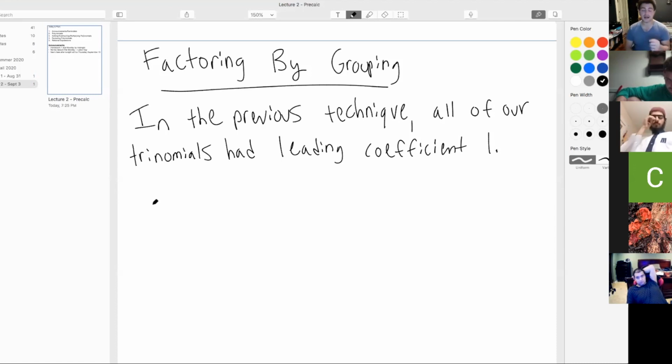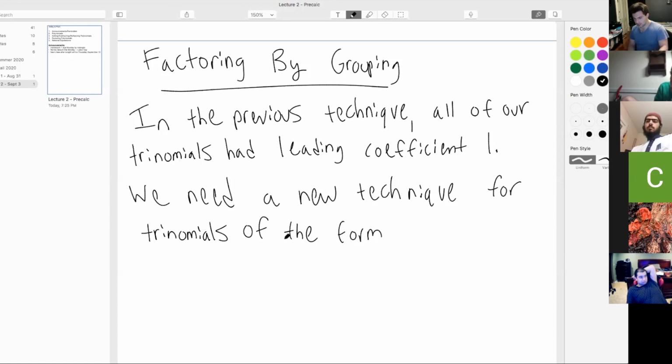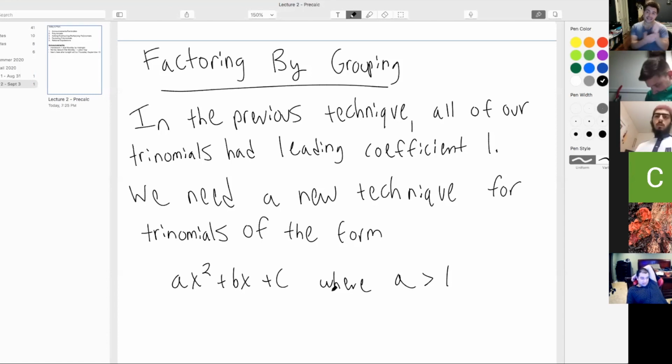We can only do a small group of polynomials, so we need a new technique for trinomials of the form ax squared plus bx plus c, where a is greater than 1, which is to say that the leading coefficient is greater than 1.